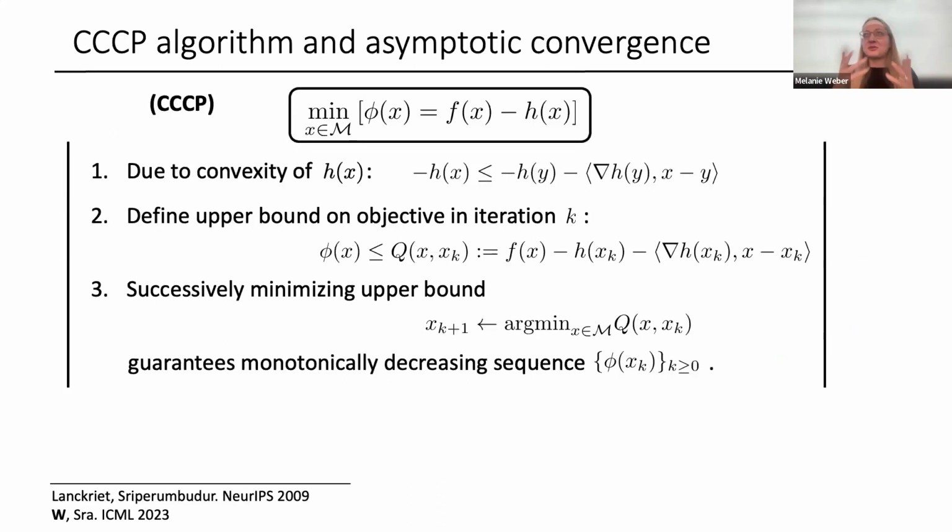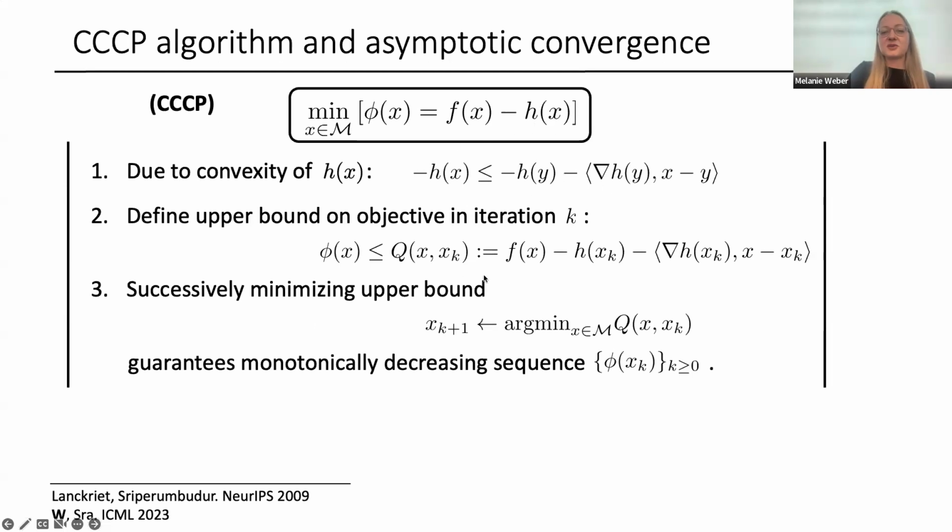So just to introduce or remind you of the CCCP algorithm. CCCP stands for convex concave procedure. The algorithm is very easy to derive, so I can do that here on one slide. We first notice that the component function h is by construction geodesically convex. So we have this inequality which we get directly from the Euclidean convexity by just rearranging terms.